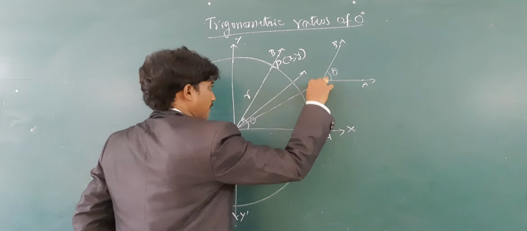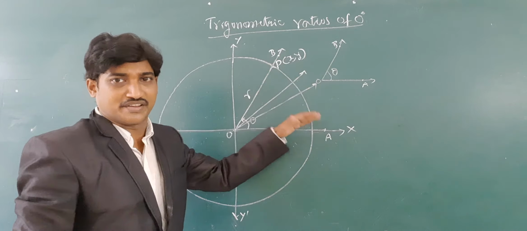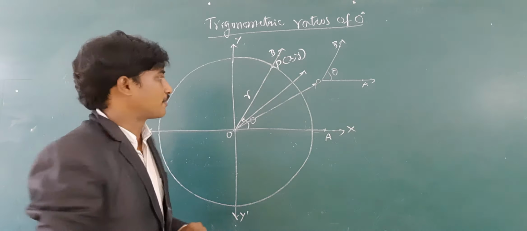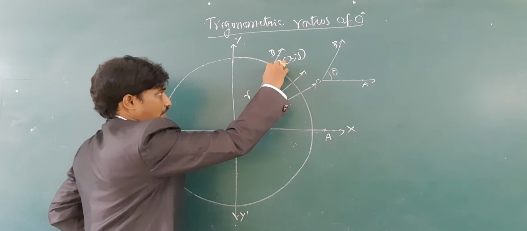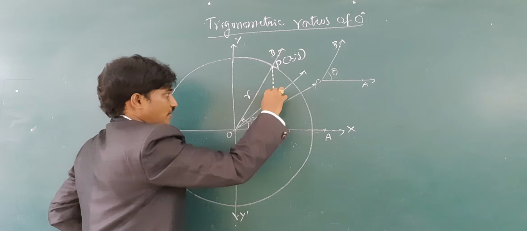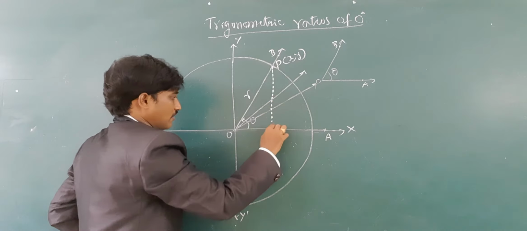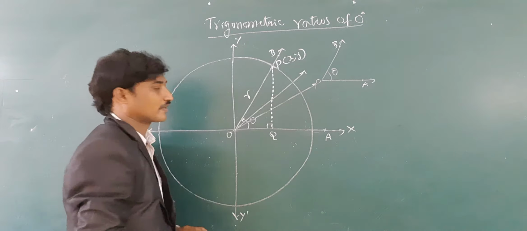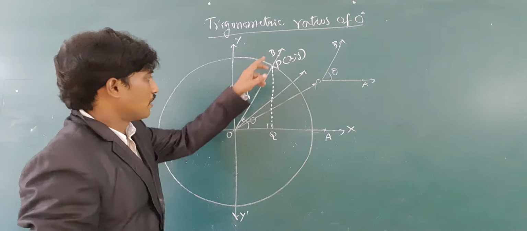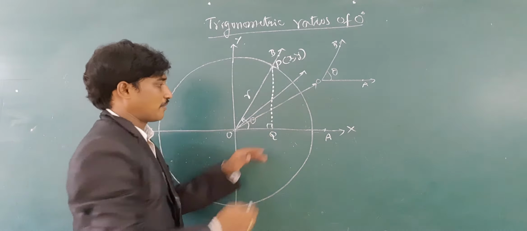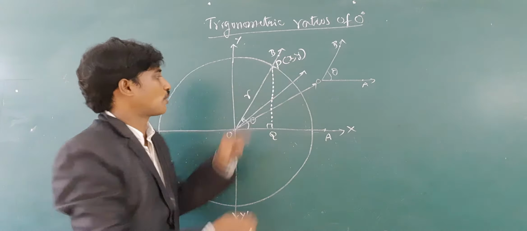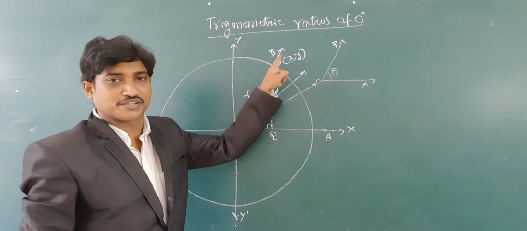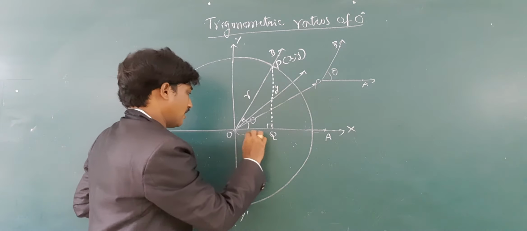See, P is (x, y). Let me draw a perpendicular to get the foot of the perpendicular Q. Here PQ is y. The distance from the x-axis to a point is called the y coordinate. The distance from the y-axis to a point is called the x coordinate. So here it is x.